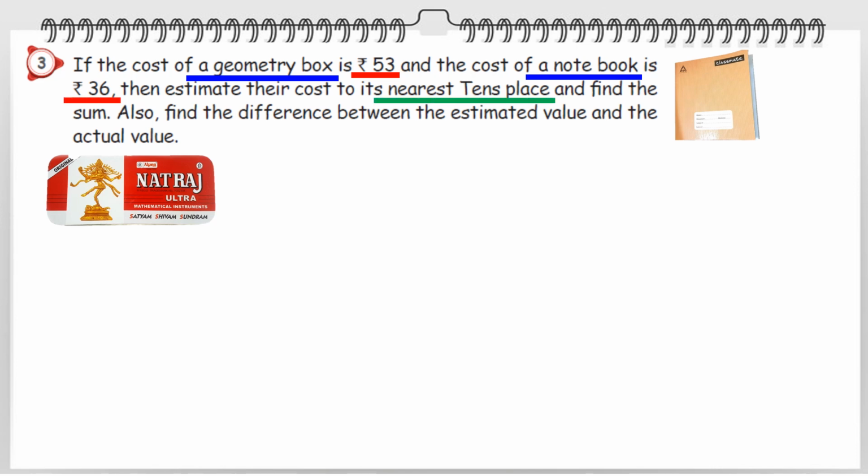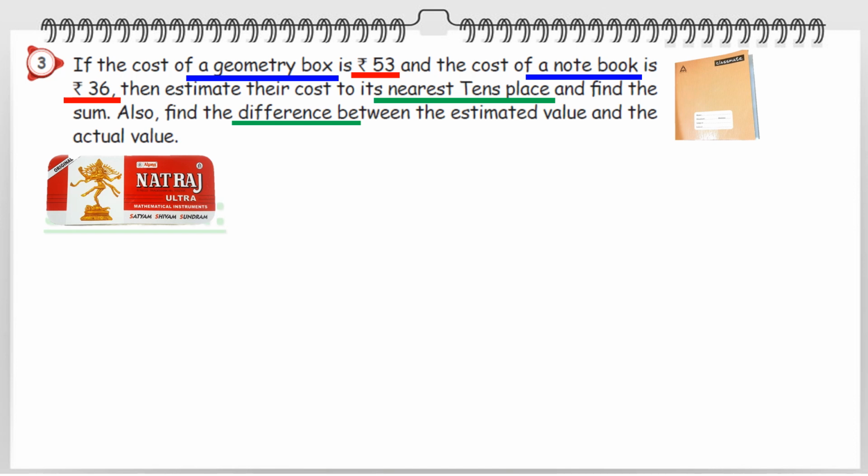So here also we are going to find the nearest tens place only, so very easy, but continue here and find the sum. Also find the difference between the estimated value and the actual value. So here we need to do two more steps. So just listen carefully, but it's very easy.